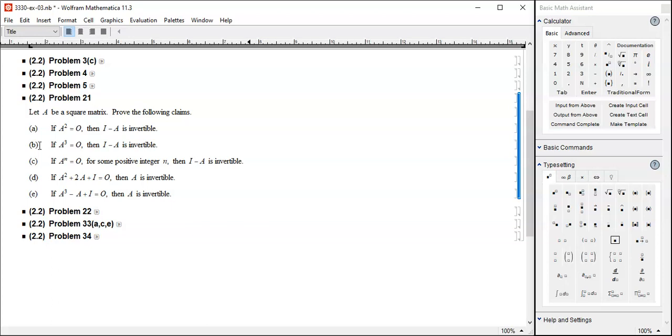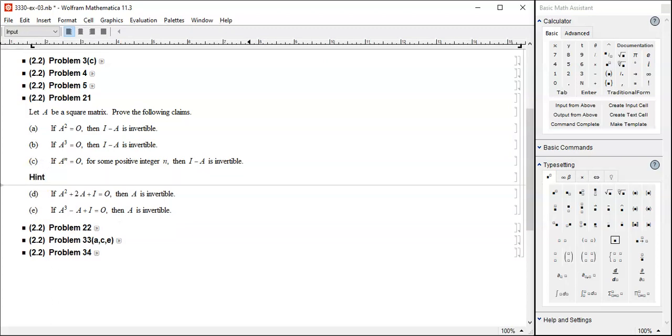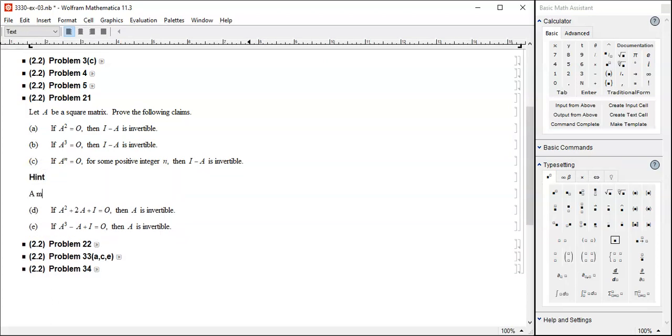How do we prove a certain matrix is invertible? Let's start from there. A matrix B is invertible if the inverse matrix exists.